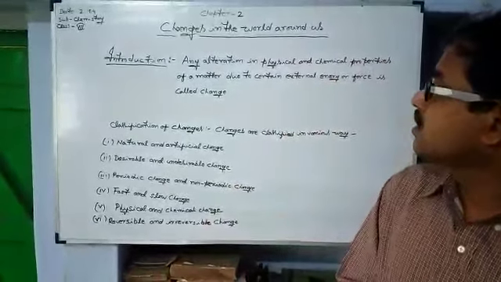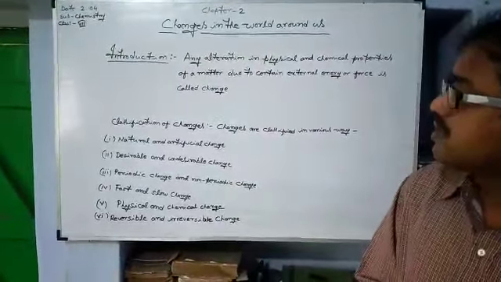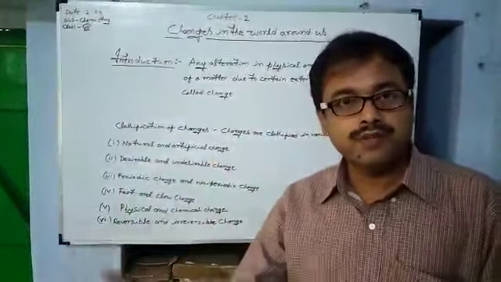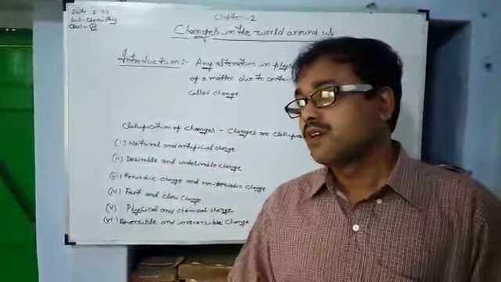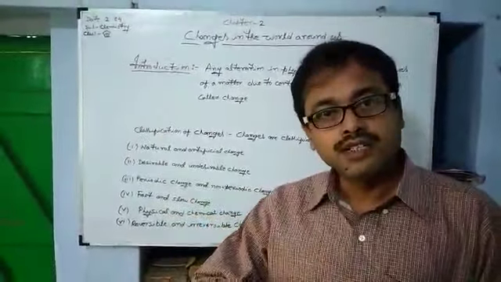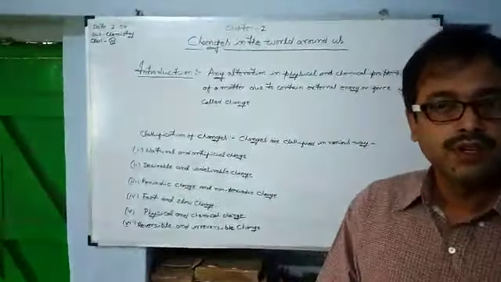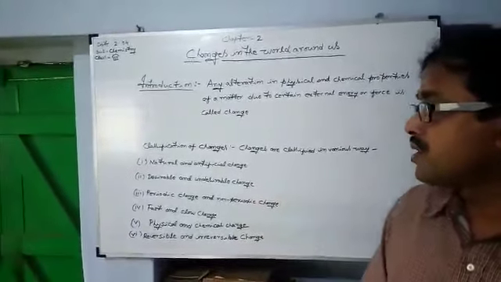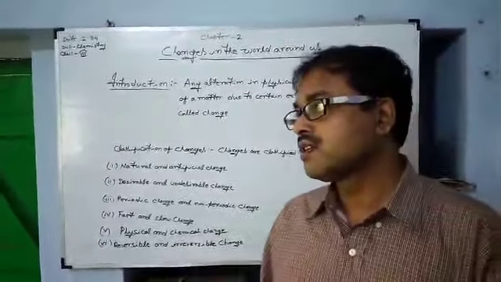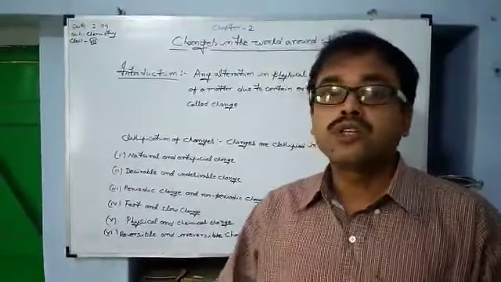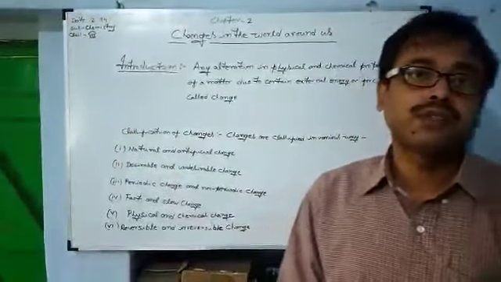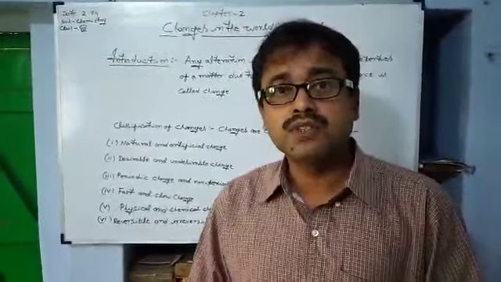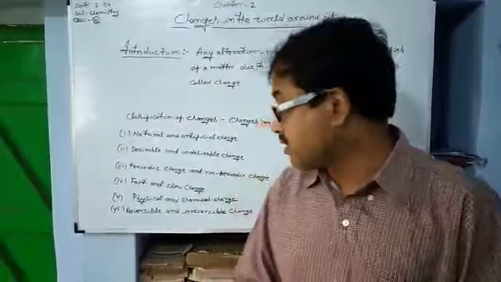Examples of periodic changes are day changing to night after a regular interval of time, and a season changing after every few months. Examples of non-periodic changes are volcanic eruptions, tsunamis, and floods.